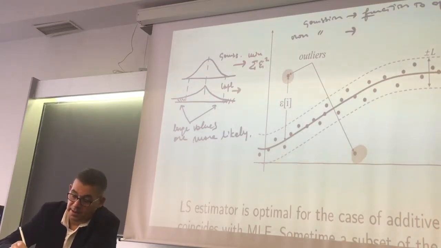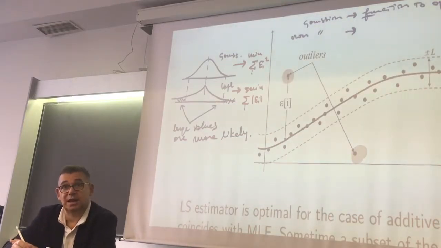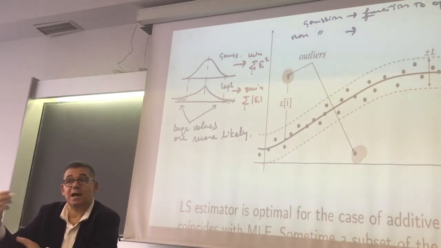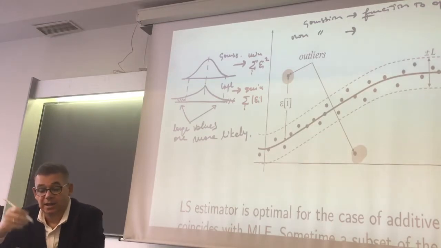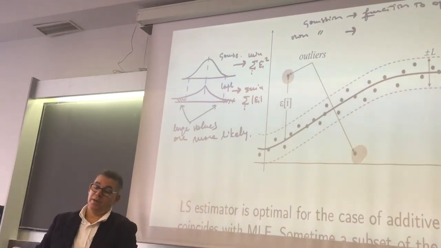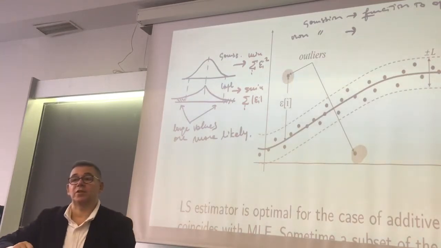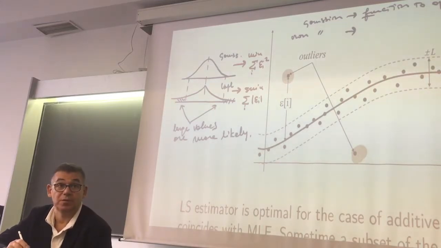In this case, it is the minimization of the absolute value of the error. So in the first case, for Gaussian, my function taking the error is quadratic. In the second case, my function defining the objective to minimize is the absolute value.